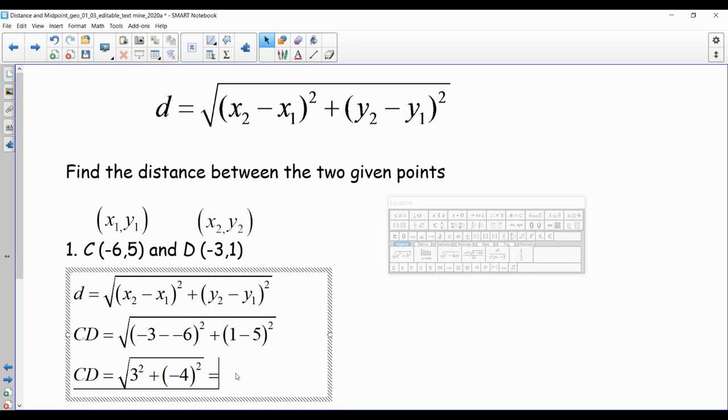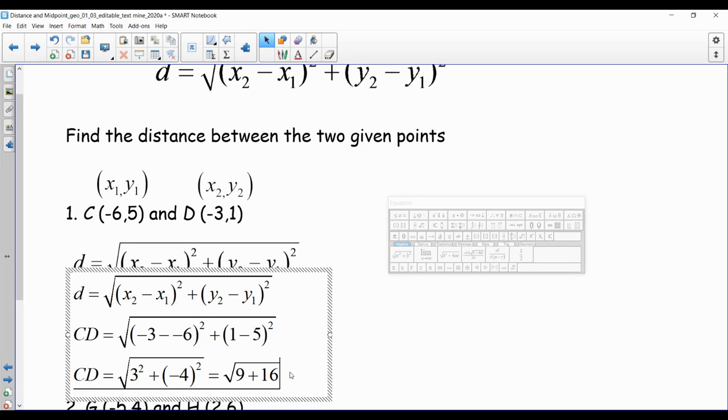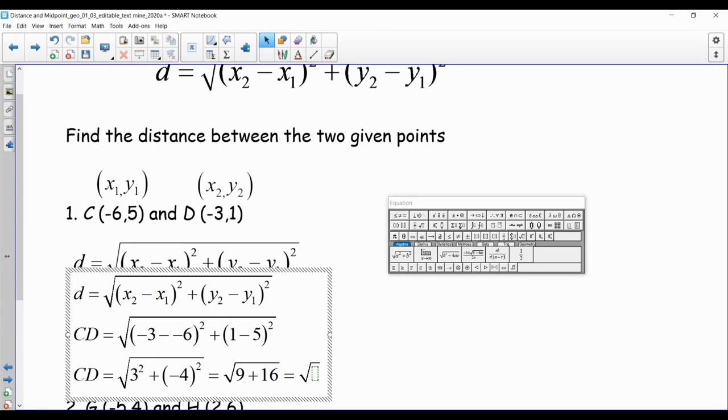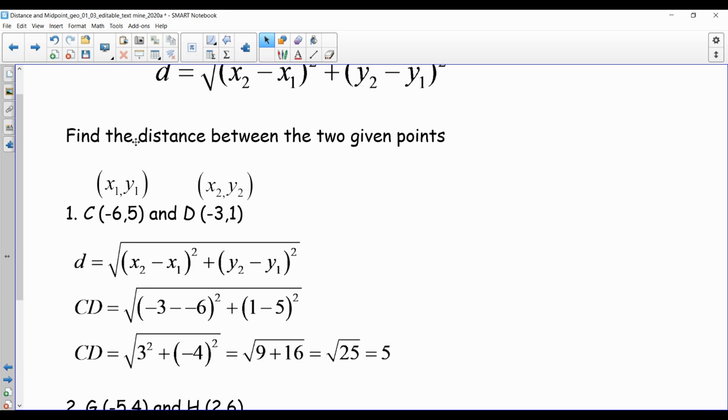Which equals the square root of 9. Now, negative 4 squared is positive 16, plus 16, which equals the square root of 25. Which equals 5. Oh, the distance, CD, is equal to 5.